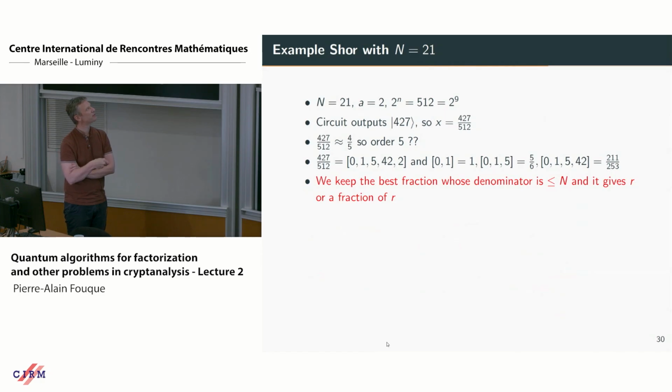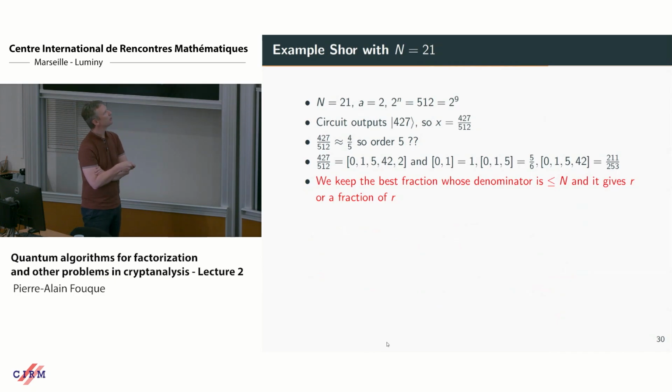In this situation, the order is 6, because 2 to the 6 is 64, and 64 is 1 plus 3 times 21. So the order that we are looking for is 6 and not 5.